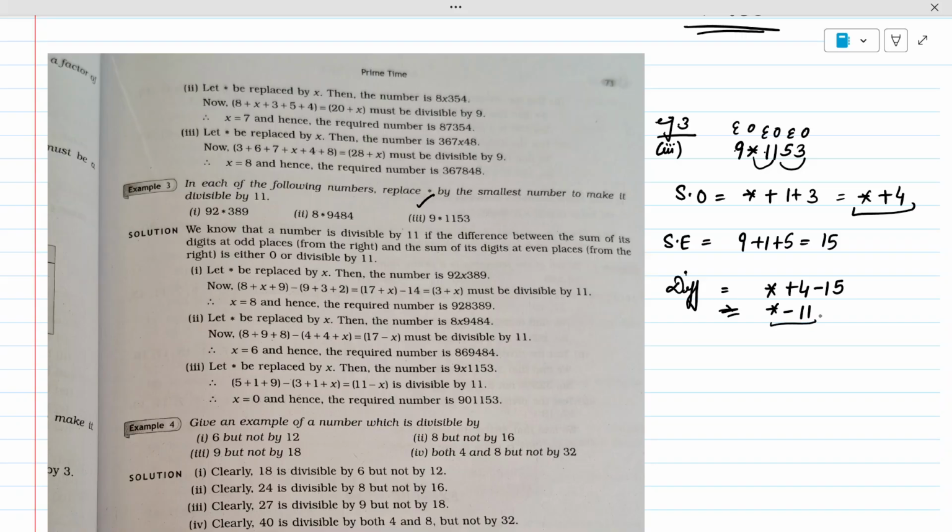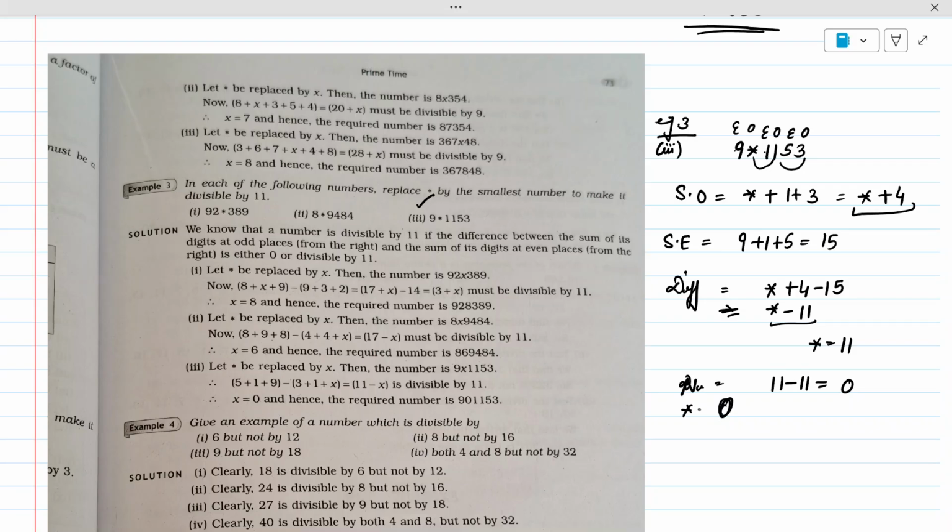To make it divisible by 11, we have to put the value of star in such a way that the complete difference should either be 0 or a multiple of 11. So it is very clear that if I take star equal to 11, then the difference becomes 11 minus 11, which is 0, according to the divisibility rule of 11, right?